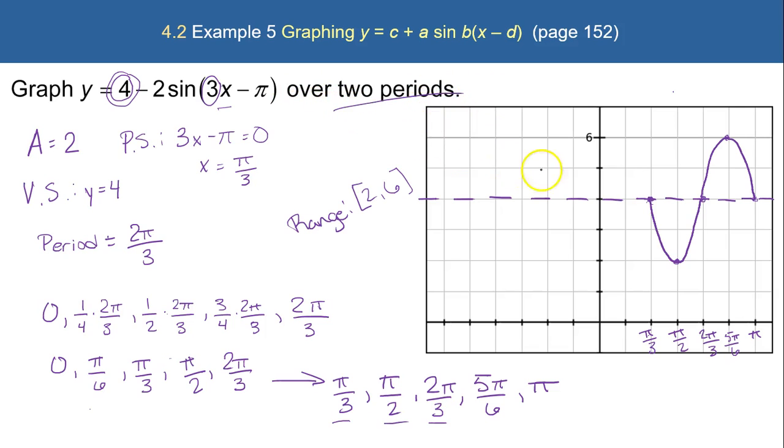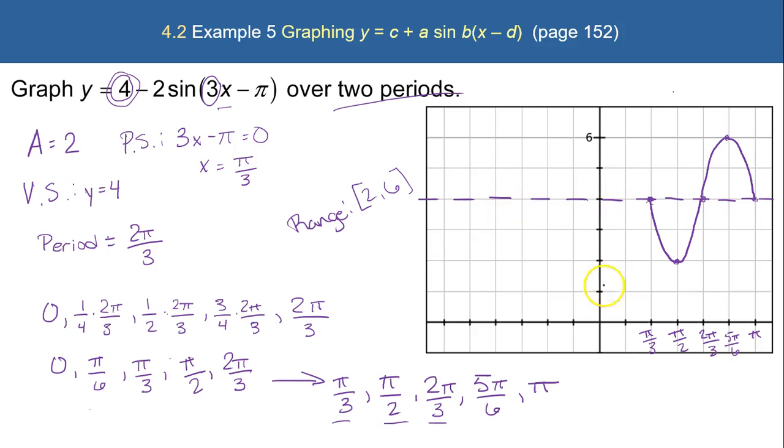of our function. So if you continue this direction, go the negative direction, with our x values, pi over 6, 0, negative pi over 6, pi over 3, pi over 2, and this is what would happen.